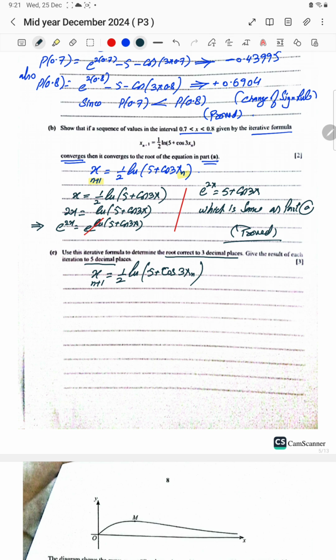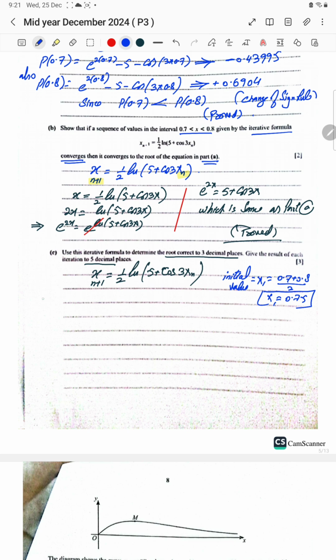You need to write the iteration to 5 decimal places, and when it starts equating till 3 decimal places, then stop. The initial value is not given to us, so we will take the initial value x1 as the mean of the interval, 0.7 plus 0.8 divided by 2, which gives 0.75. This is the initial value x1.